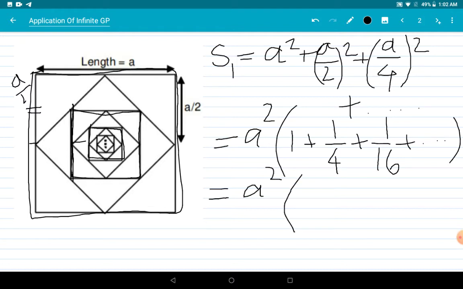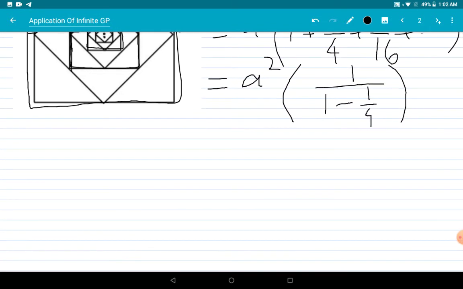So here the first term is 1, divided by 1 minus the common ratio, that is 1 by 4. After simplifying this, it comes out to be a squared times 4 by 3. So we are successful in finding the value of S1. Now we need to find the value of S2.